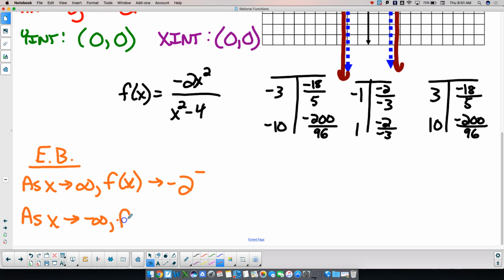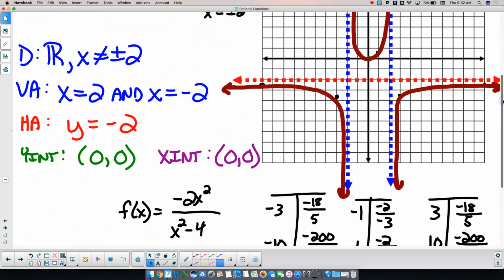As x goes to negative infinity, my function is approaching negative 2 from below. So both on the left and the right side of my graph, my function is approaching negative 2 from below in both spots.